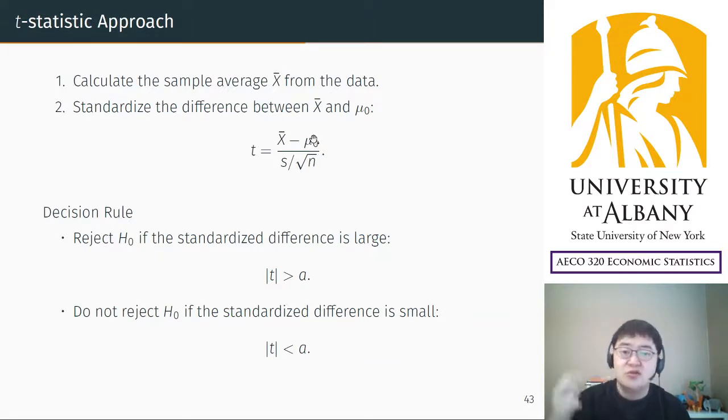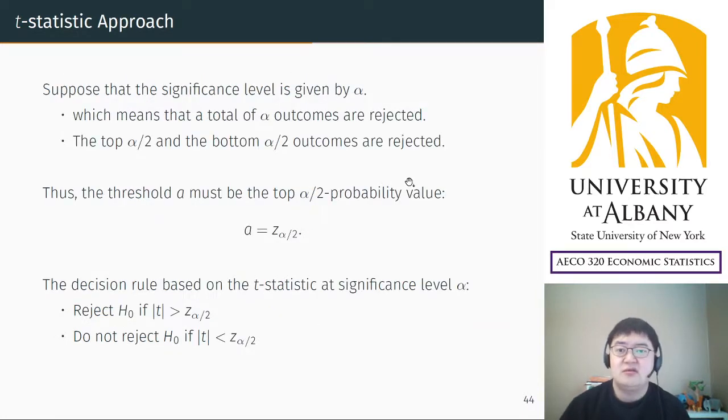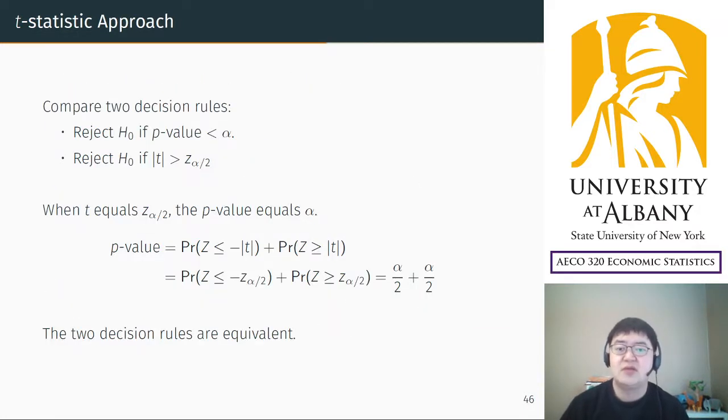So it tells you the degree of the deviation between the observations and the belief. So the t-statistic itself can be of interest, and then you may use it. And also it is easier to calculate than the p-value. So that's why the t-statistic is used in some cases.